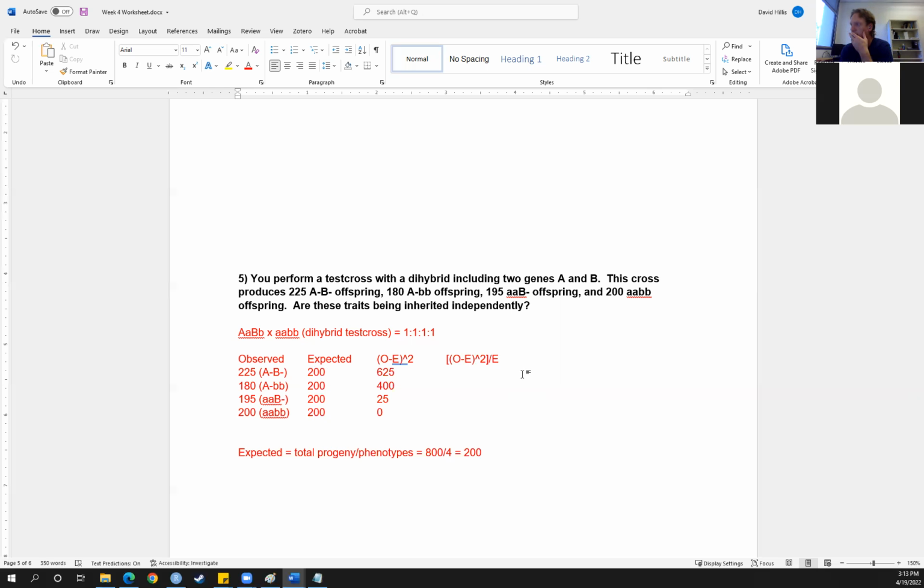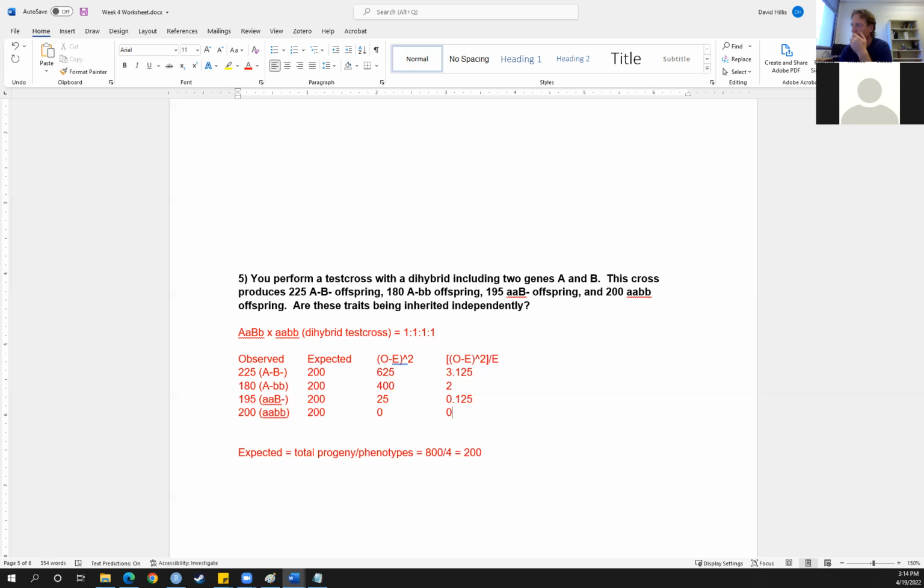And if we divide 625 by 200, we get roughly what? 3.1? I'm going to go ahead and round that off. 400 divided by 200 should be 2. 25 divided by 200 is going to be 0.125, if I'm not mistaken. And 0 divided by 200 is 0.